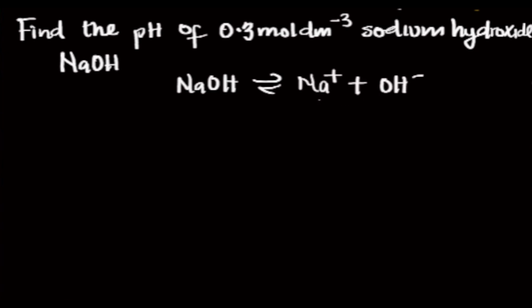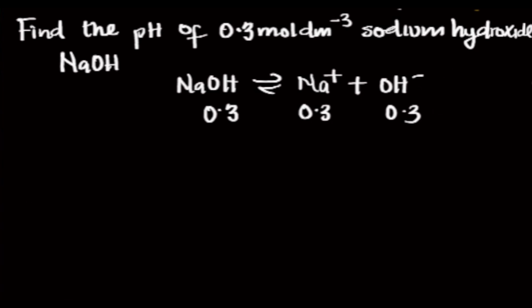And since the stoichiometric ratio of all these reactants and products is the same, I'm going to have 0.3 mole of this, which dissociates to give 0.3 mole of this, and also 0.3 mole of this. But inside this solution, the hydroxide ion is the one that will affect the pH of the solution. So that's what I'm going to be using here.